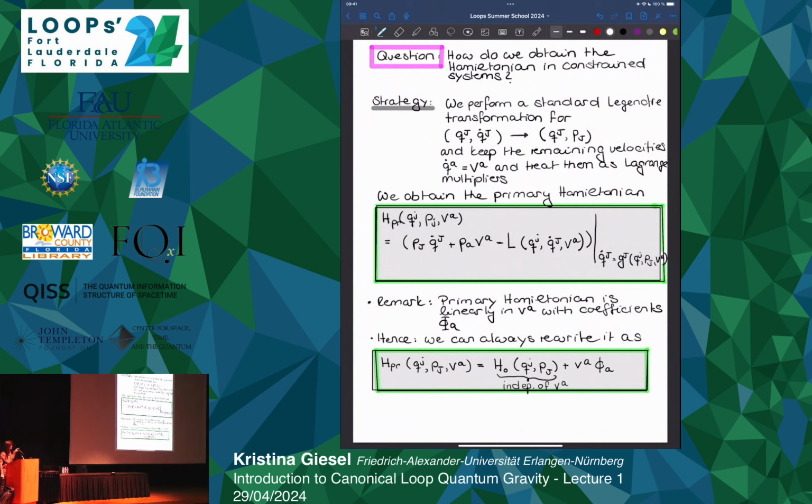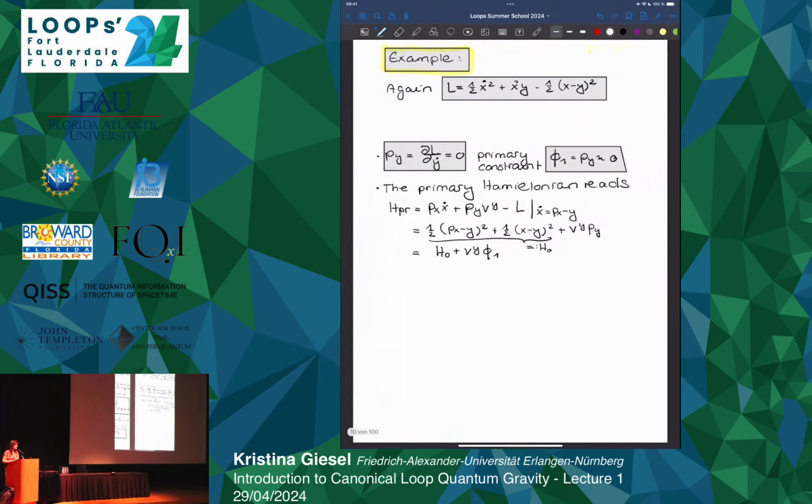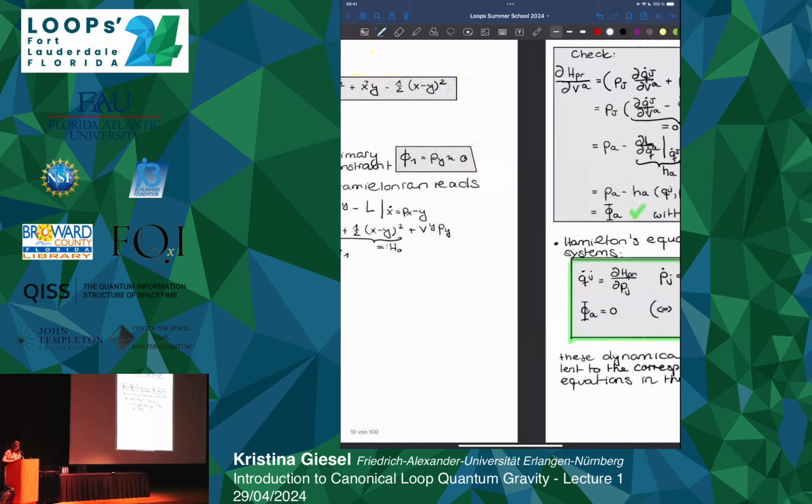If you perform this Legendre transformation, you couple the momenta which cause the constraints to these Lagrange multipliers. If you perform the Legendre transformation explicitly, you can see that these velocities, which we couldn't solve for, are related to these Lagrange multipliers. This is generally the case. Okay, thank you.